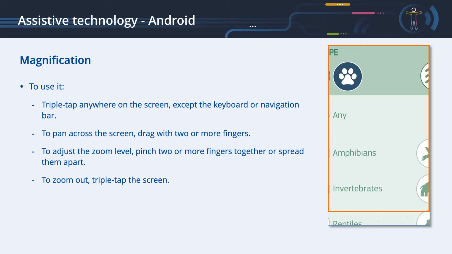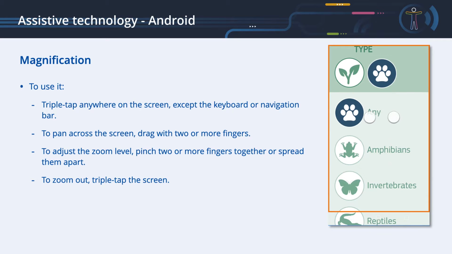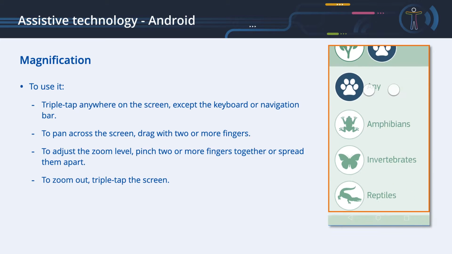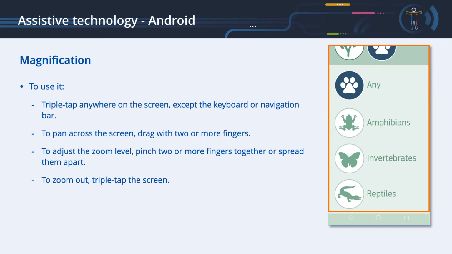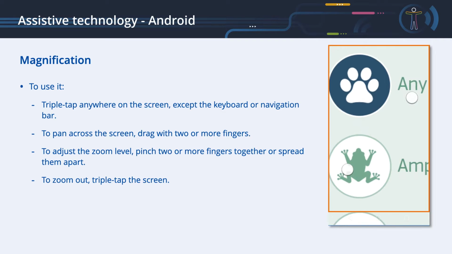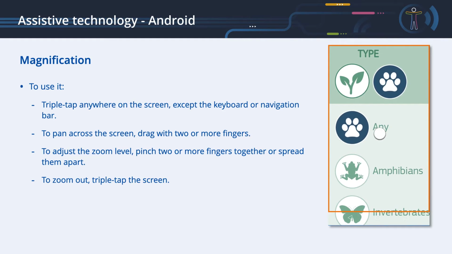To pan across the screen, drag with 2 or more fingers. To adjust the zoom level, pinch 2 or more fingers together or spread them apart. To zoom out, triple tap the screen.